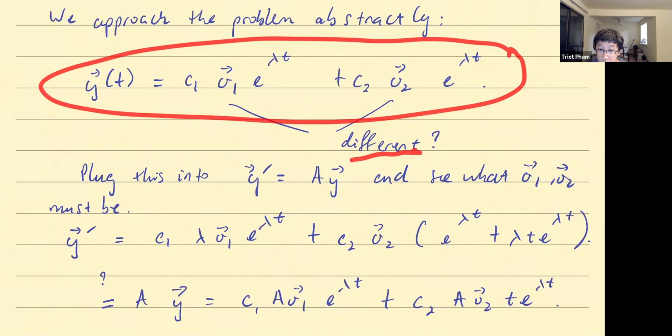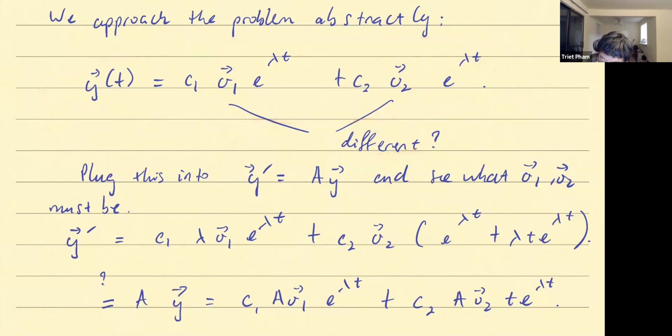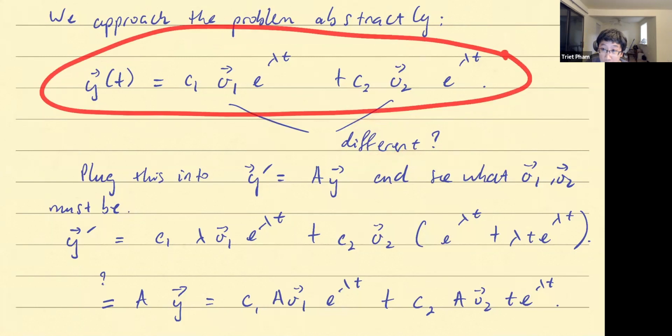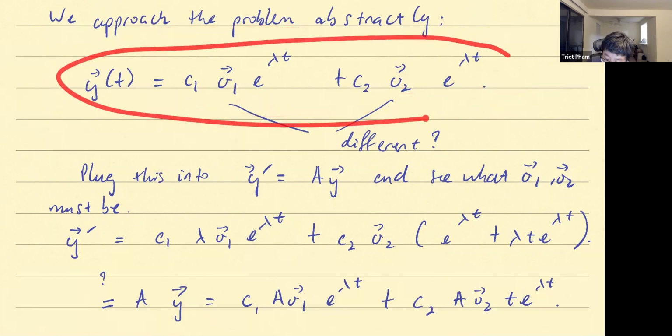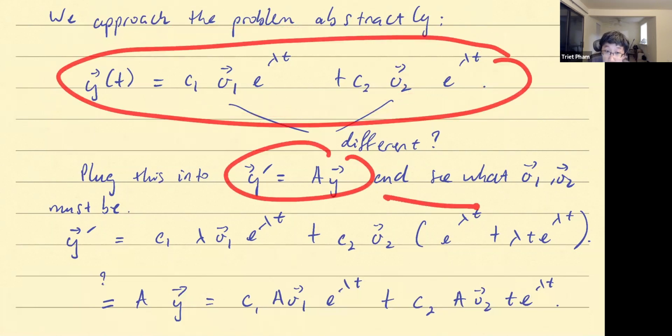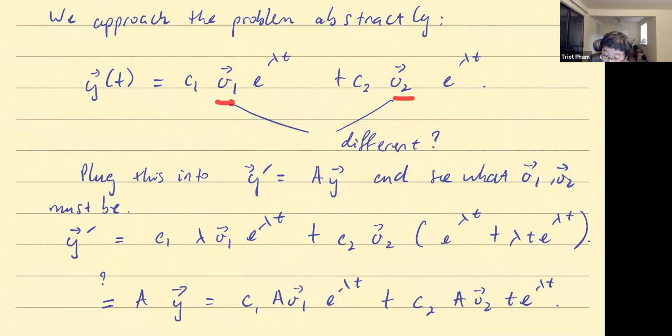The point is, if I do this, I'm bound to fail because this is a structure of the solution corresponding to two distinct eigenvectors. In other words, if I plug this into this and solve, I will discover that V1 and V2 must be eigenvectors. And so maybe then what Daniel said is correct.